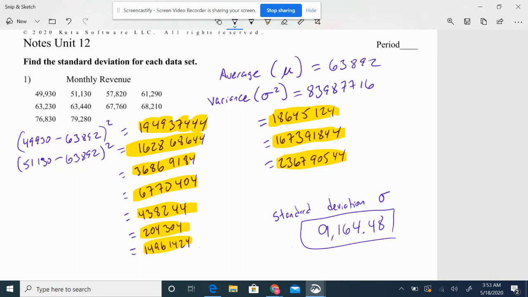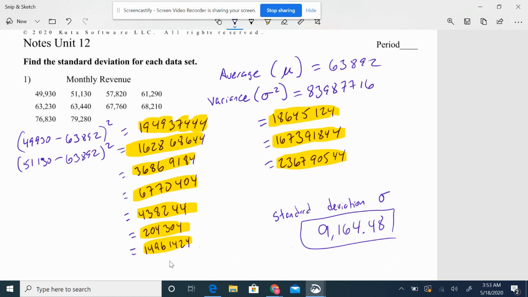Let me go through the steps of what I did. First, from my list, I found my average, and I said I'm going to start using the letter mu. It looks like a U, just one side is a little longer. Then from each of my numbers, I subtracted the average and squared the result.